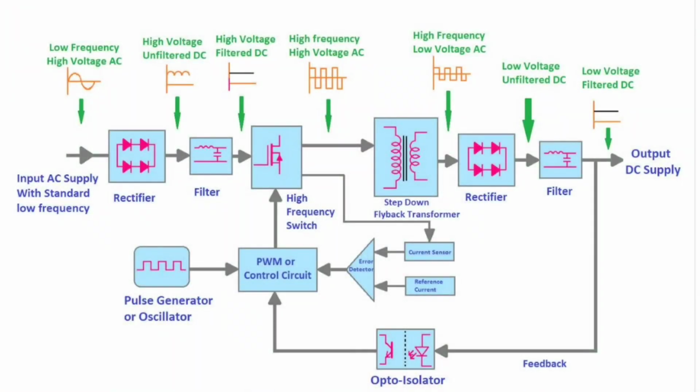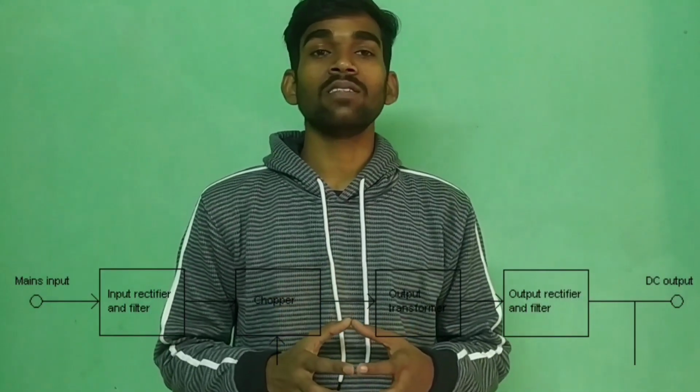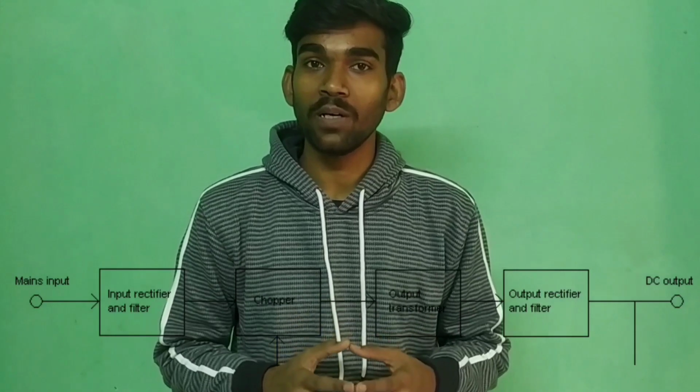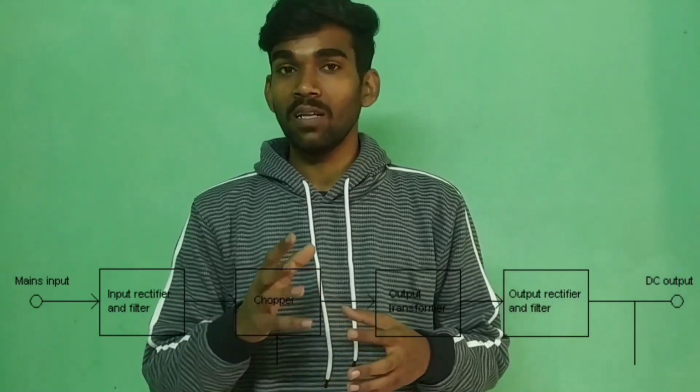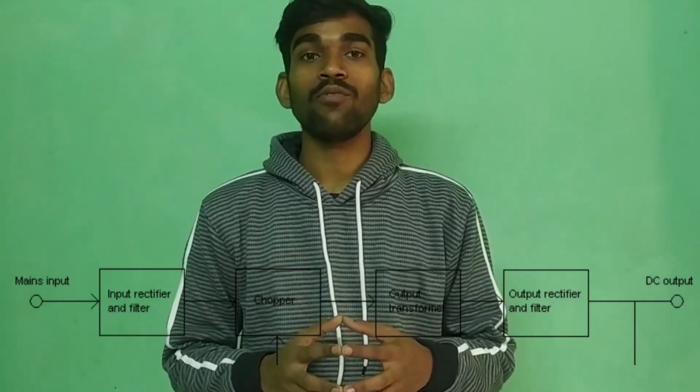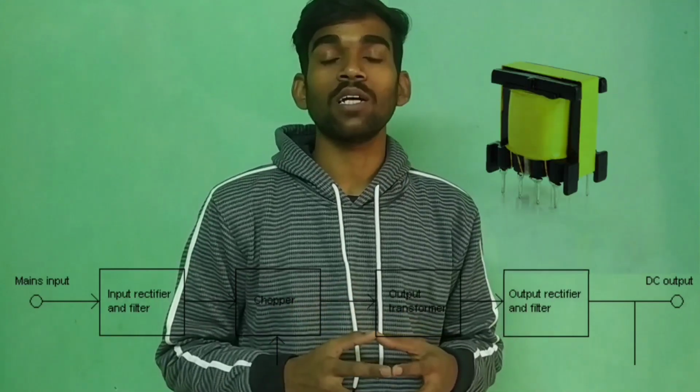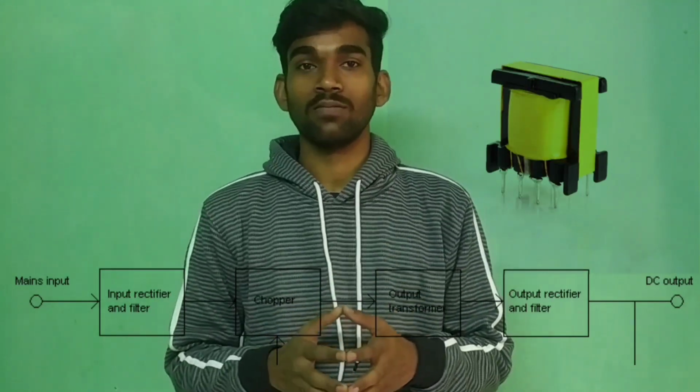Hence, we use SMPS to reduce the size of our adapters. SMPS first converts 240 volts AC to 240 volts DC, then increases the frequency by a chopper, and here the frequency is high, therefore we use a small transformer to step it down.